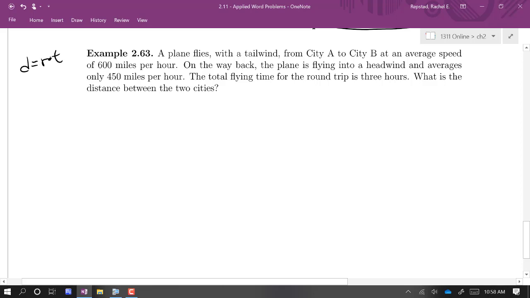Now that equation we might use in that form to help us model, and I think we probably will use it in that form. Sometimes you might find it helpful to rearrange it to solve for rate or time.